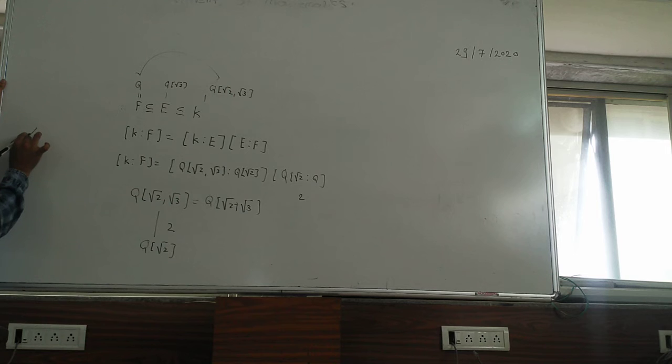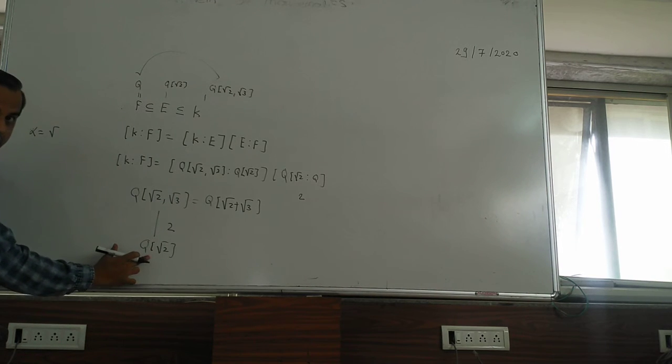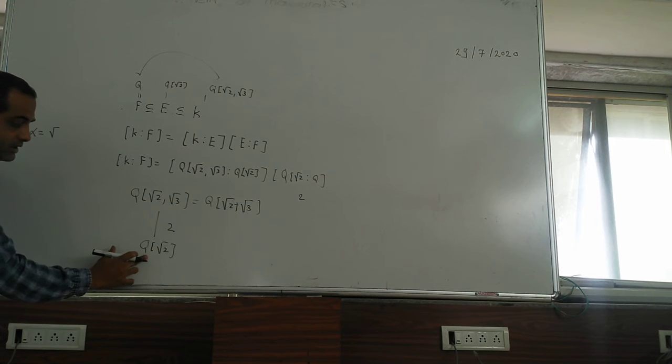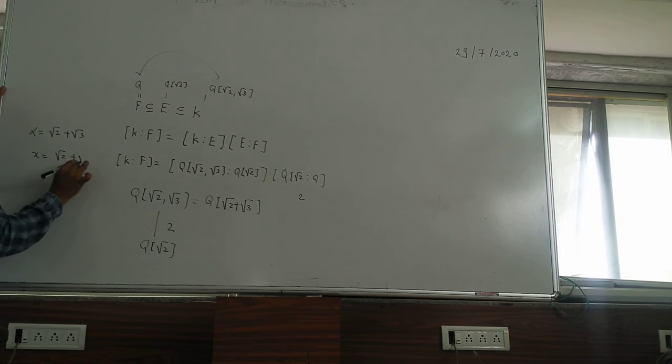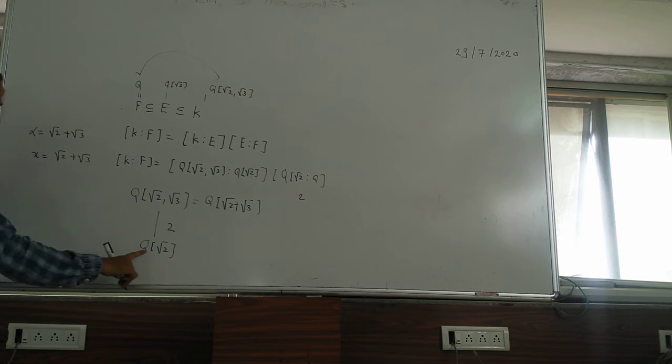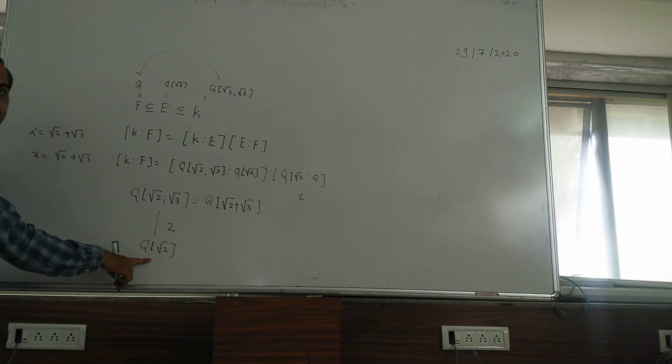Why? If you take alpha equal to root 2 plus root 3, the base field is not Q, the base field is Q root 2. So the coefficients are from Q root 2. The elements of Q root 2 are of the form a plus b root 2.